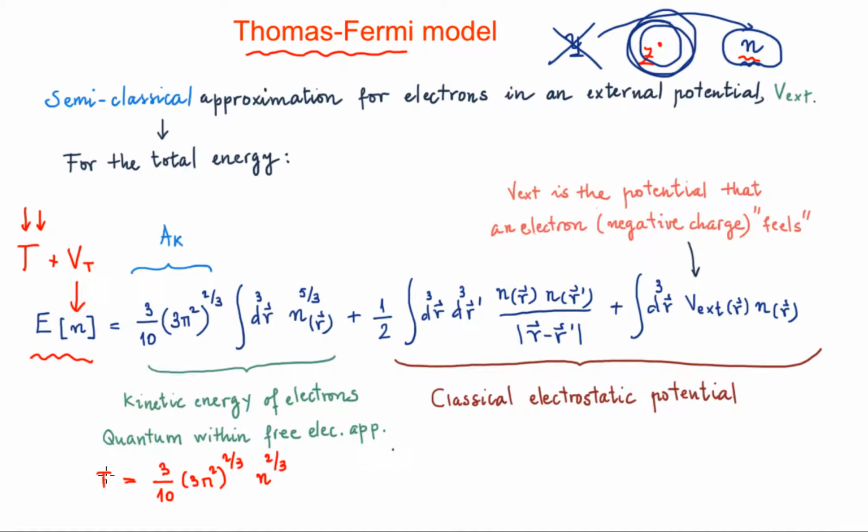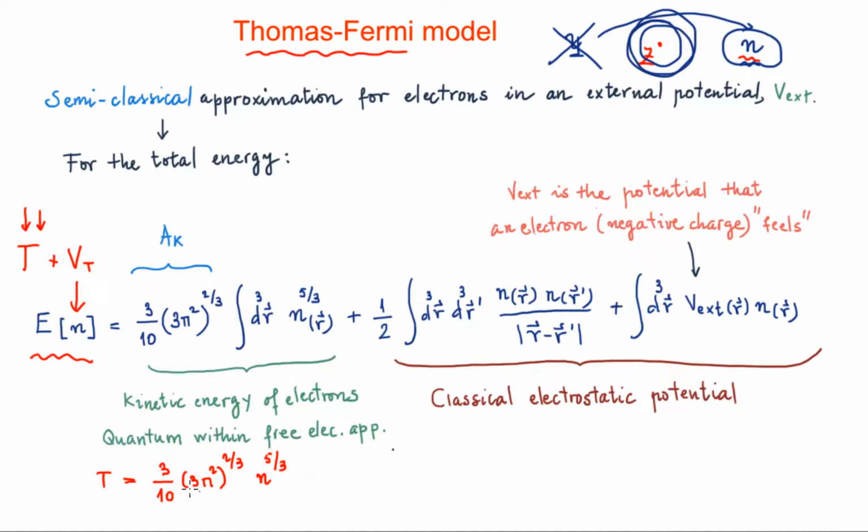And this is the total kinetic energy per particle. If you multiply that times the number of particles we have per unit volume, you have the kinetic energy per unit volume, so you have the kinetic energy density. Basically, that means that you have the kinetic energy density proportional to n to the power of 5/3.